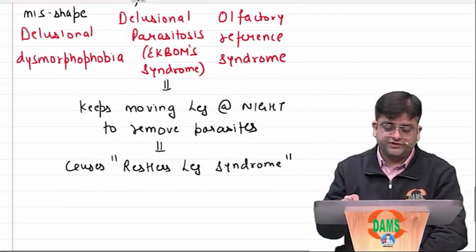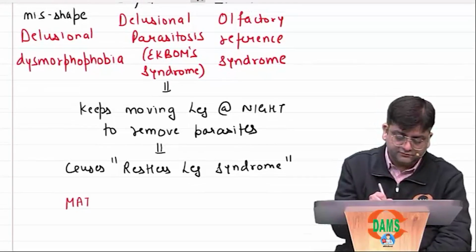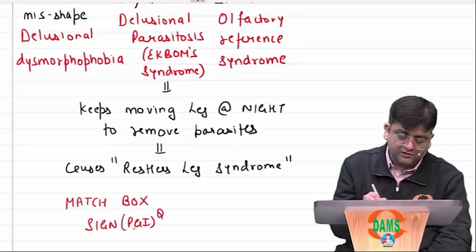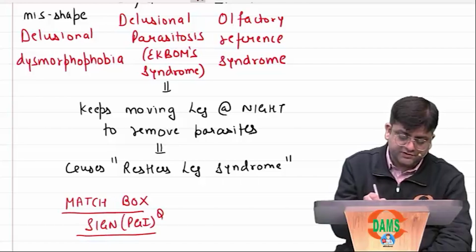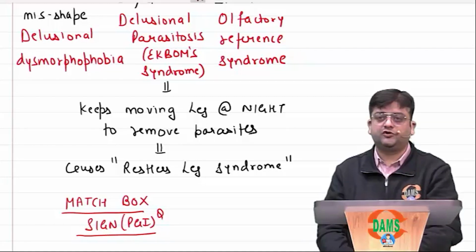In Ekbom syndrome, we get a sign called matchbox sign. He thinks he has worms. We know he has no worms, so we tell him, show me the worms. He says, sir, there are no worms now, they come in the night. I said, okay, when it comes next time, bring it to me.